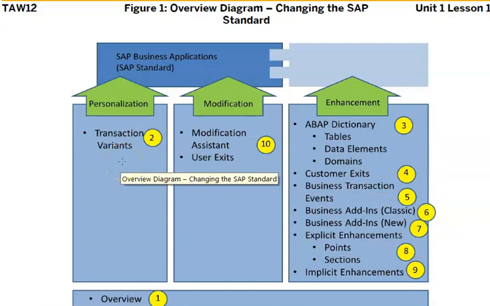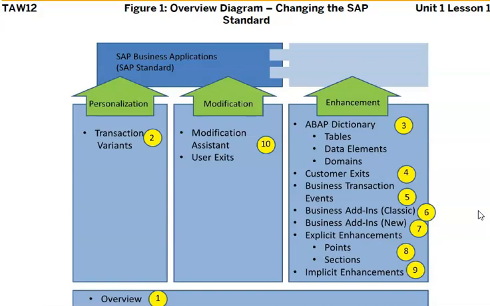Transaction variants are something we use to personalize things. For example, if you open a transaction, you can build variants. You can save variants, and they in turn can be used again. And then modification assistant, user exits. So these are the things that we have.